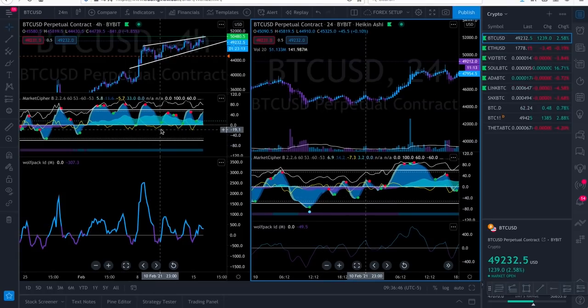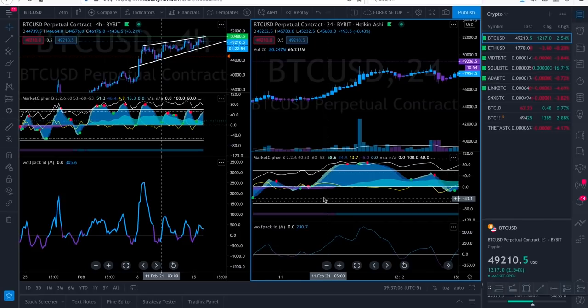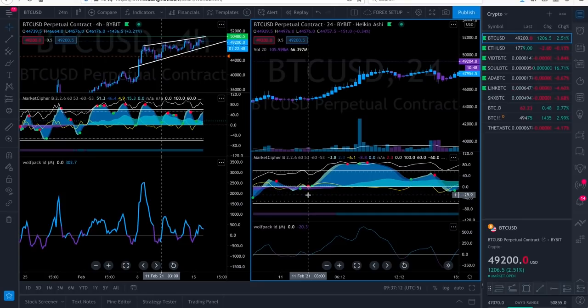You can see where it lines up, my cursor over here, and how the dotted line is over on the 24-minute in the same place on a different time frame. If you look closely, you can see that. So once I got this 4-hour confirmation, at the same time as I was printing a green trigger wave on the 4-hour, I was printing a red momentum wave crossover on the 24-minute.